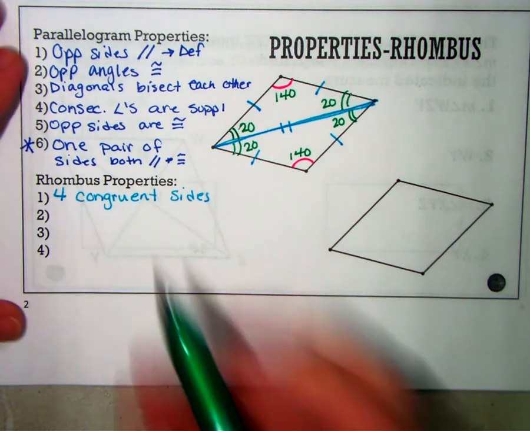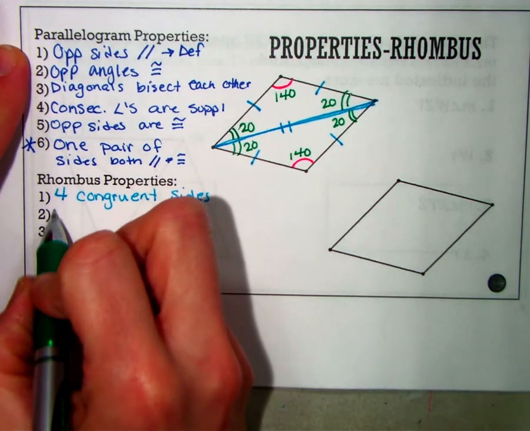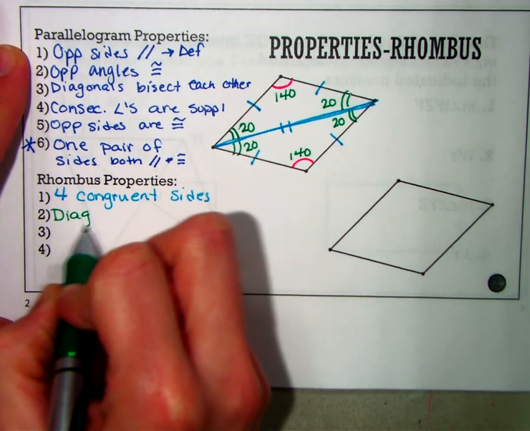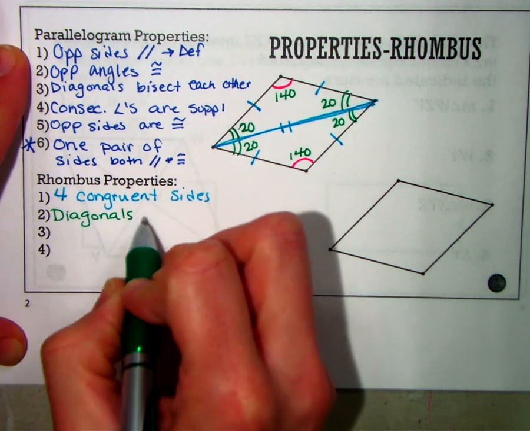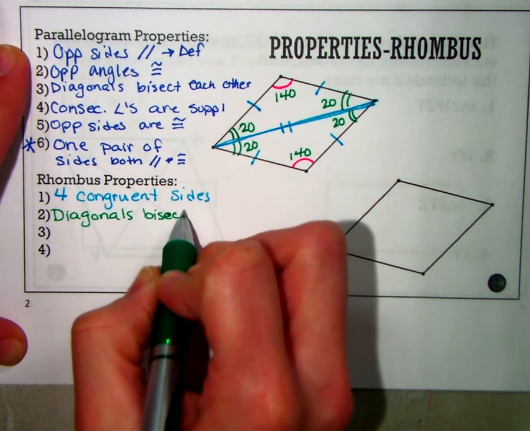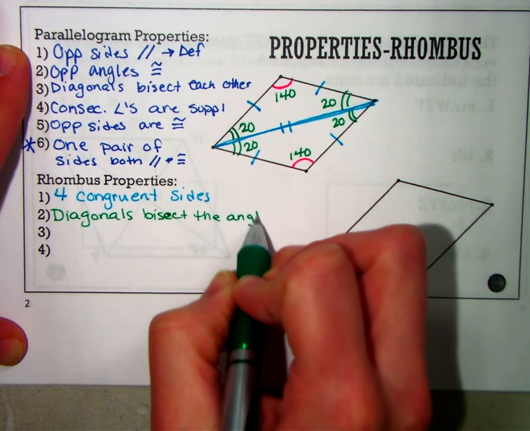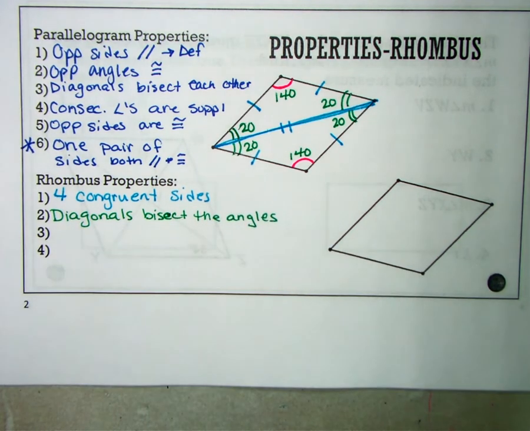So here, our first property of the rhombus is that the diagonals bisect the angles. So all of those angles right there are going to be equal to each other. Yes? So it's an angle bisector.